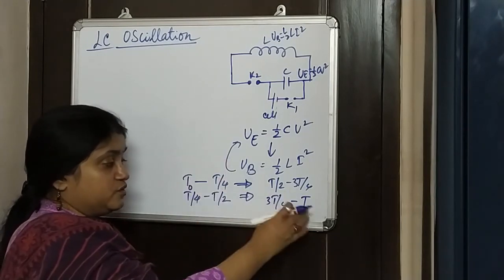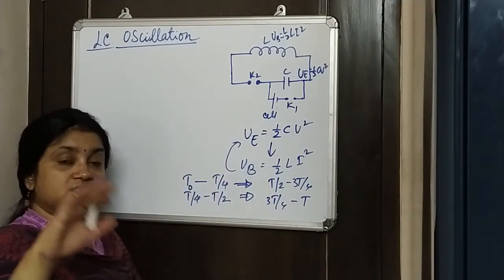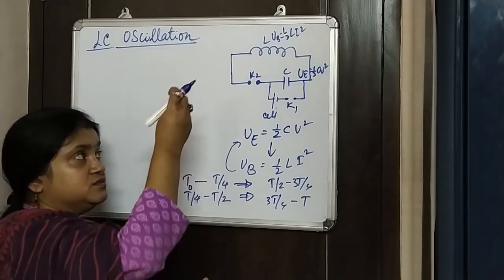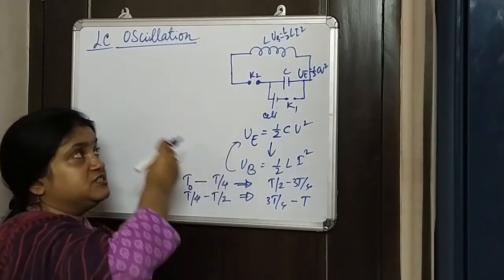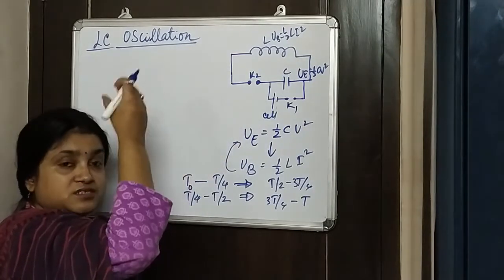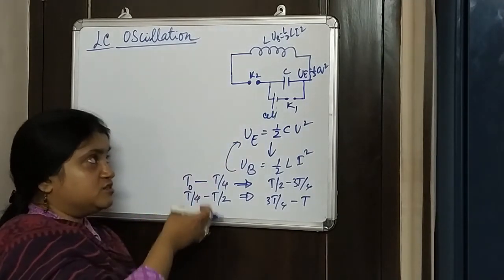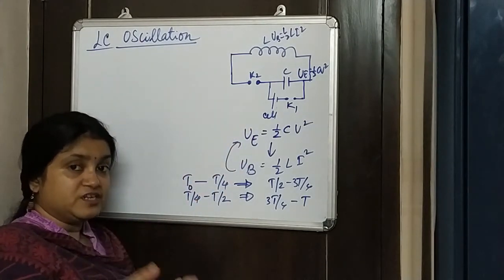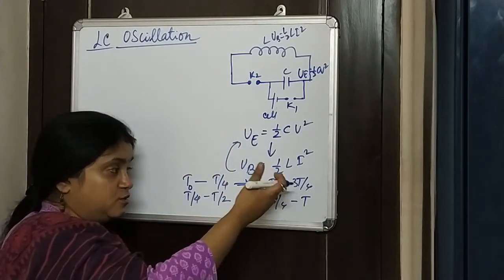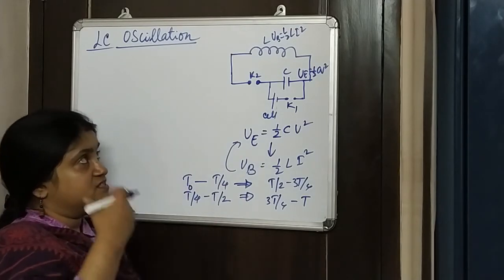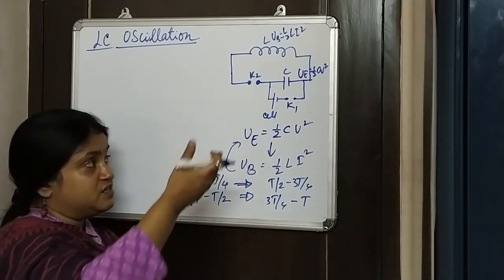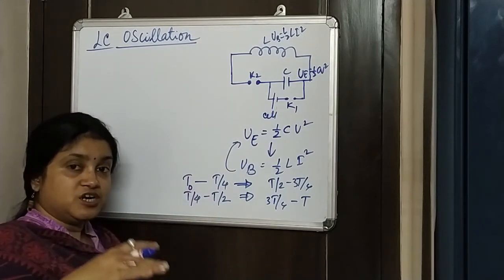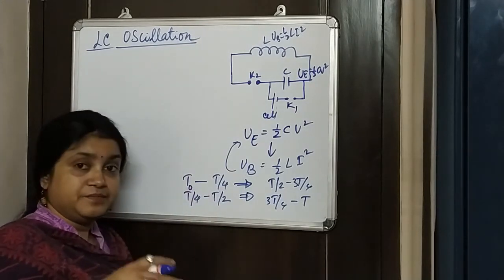So T0 to T, the whole one cycle: in the first quarter the capacitor discharges and magnetic flux takes over. In the second quarter the magnetic field discharges and the capacitor takes over in the opposite direction. In the third quarter again the capacitor discharges and the magnetic field takes over, and finally the capacitor comes back to its fully charged position, as at the beginning.